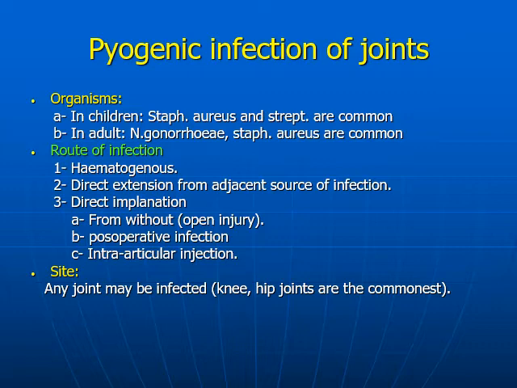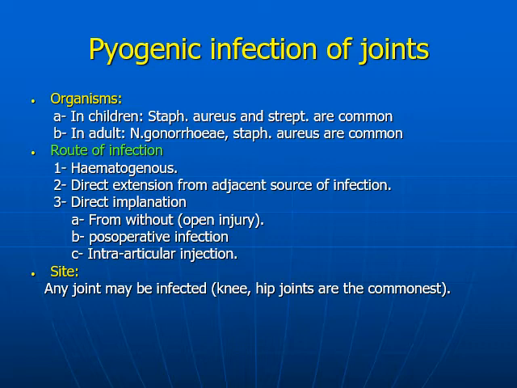In children, the commonest organism is Staph aureus. In adults, gonorrhea or staph. Route of infection: hematogenous, direct extension from an adjacent source of infection, direct implantation from without, like open injury, postoperative infection, intra-articular injection. Any joint can be affected, but in children, the most common site is the hip.